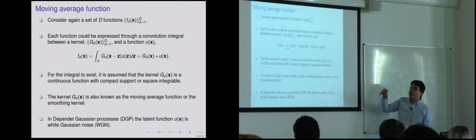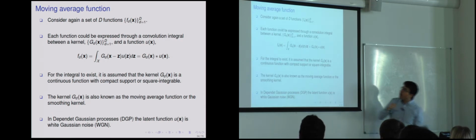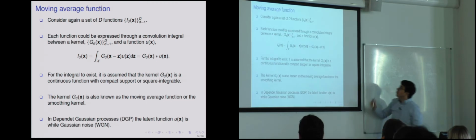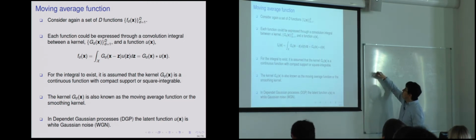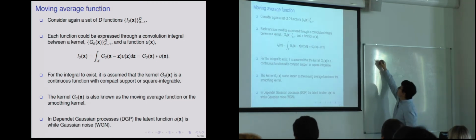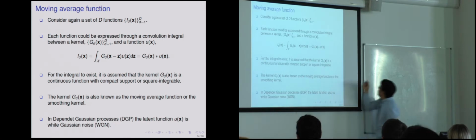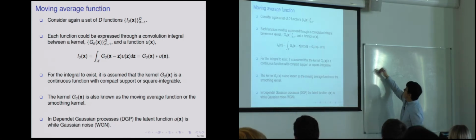Sometimes this operation is referred to as a moving average function, because basically what I'm saying is that if I sample from this process u_c, I haven't said how that process is, but let's say I have a sample of u_c, what I'm doing is using this smoothing kernel and moving it around the sample.